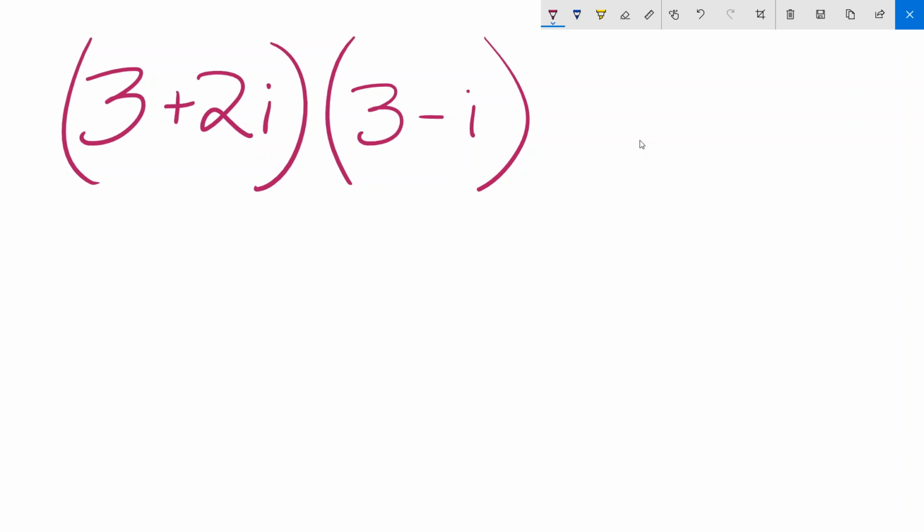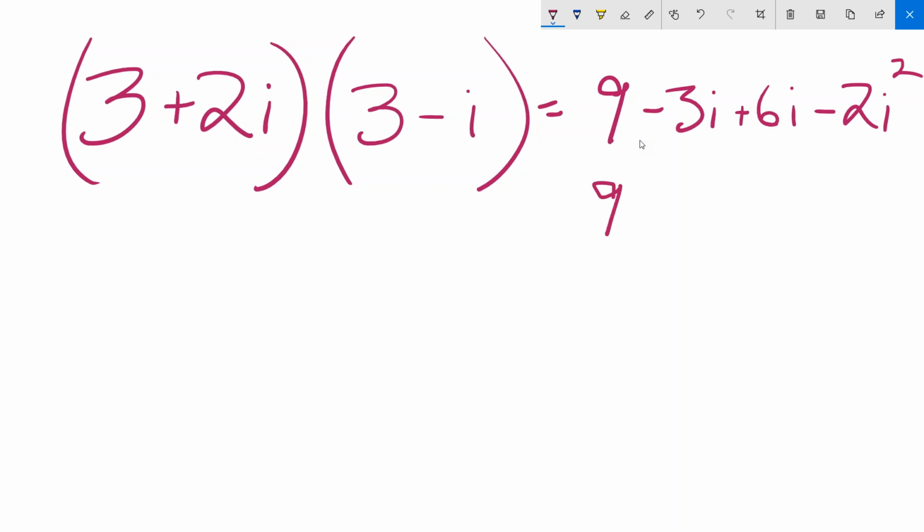What do you get? You would get 9. One sec, I'm writing this down. Always start from the left and do every term fully before you go to the next term. So it'd be 9 minus 3i plus 6i minus 2i squared. Now simplify that. So it'd be 9 minus 3i plus 6i plus 2. Hold on.